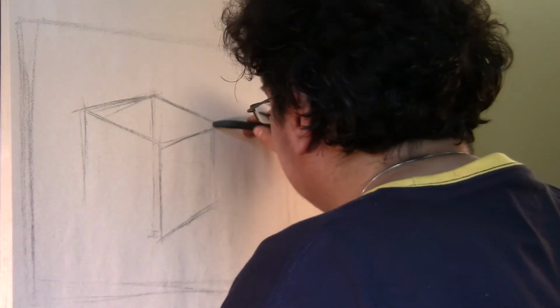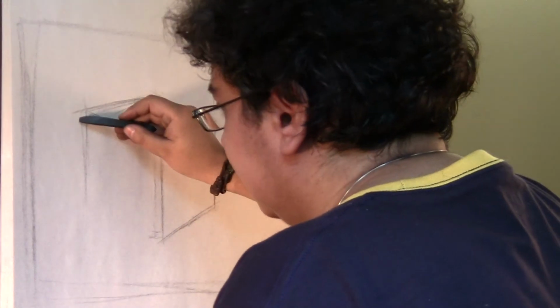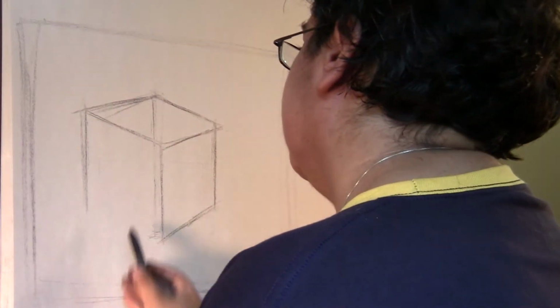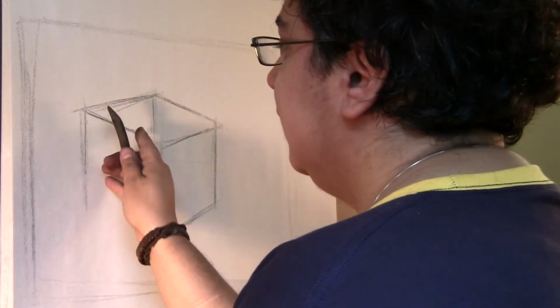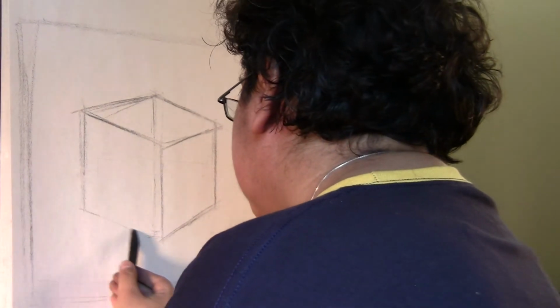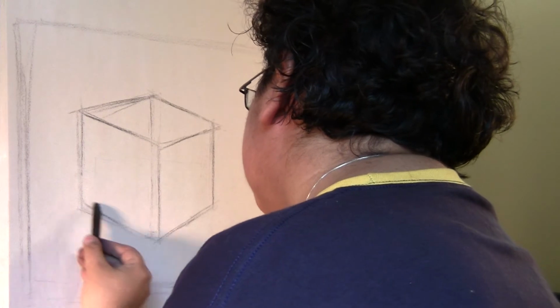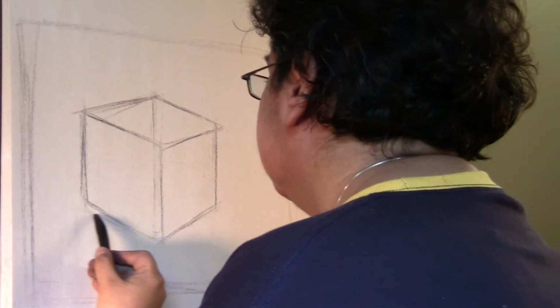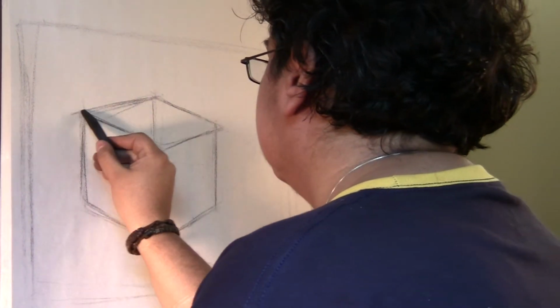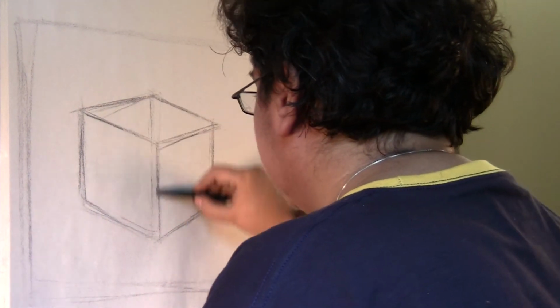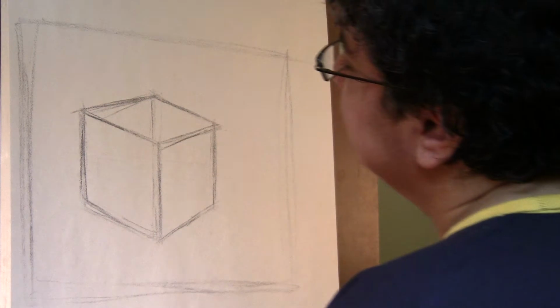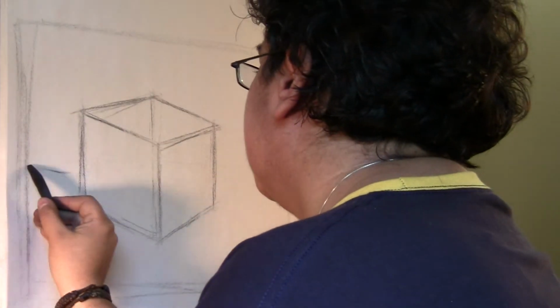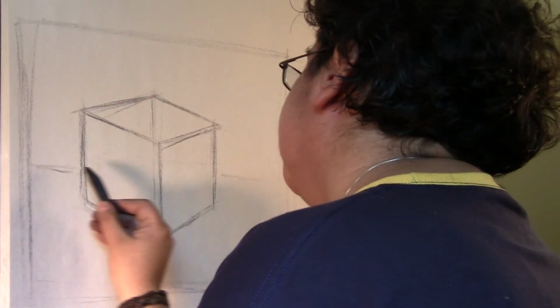It's just a gesture to help me find the height. This angle is going to be parallel to the one below, so that we have a condensing box. Make sure that all of these angles are correct. So there's the structure of the object.